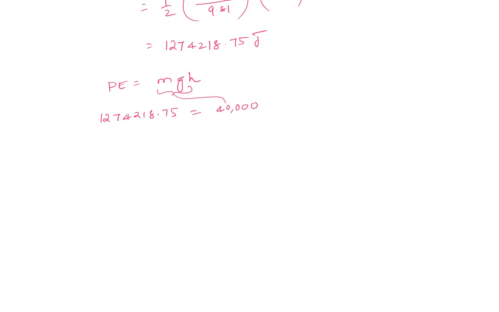So I don't have to do 40,000 divided by 9.8 times again 9.8. That's redundant. Times h. Okay, h is the height to which it could be lifted using the same amount of potential energy. So when you divide this, you get h equals about 31.9 meters.